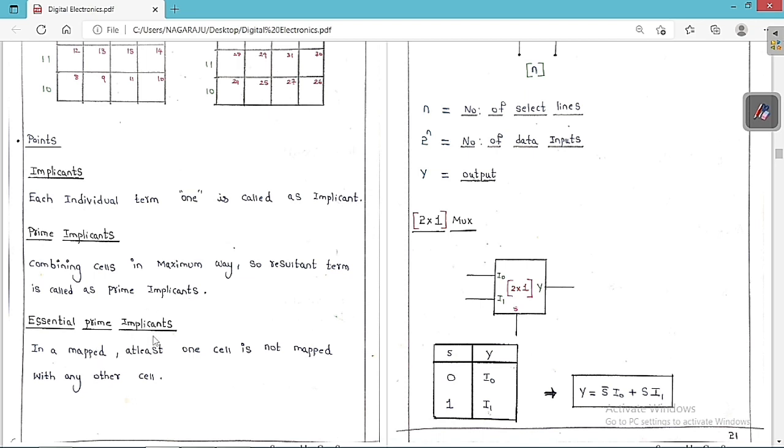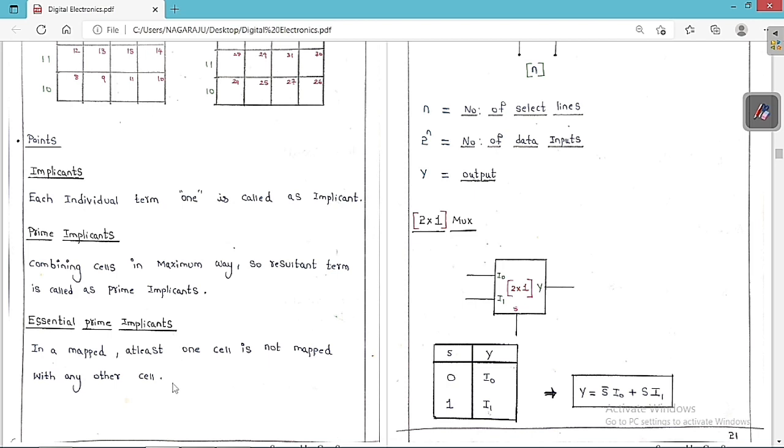And essential prime implicant means at least one cell is not mapped with any other cells. Suppose you are mapping certain ones in a Karnaugh map, and at least one cell is not covered by any other group except that one, then the expression is called the essential prime implicant. So listen carefully. Suppose I group 4 cells in a Karnaugh map.